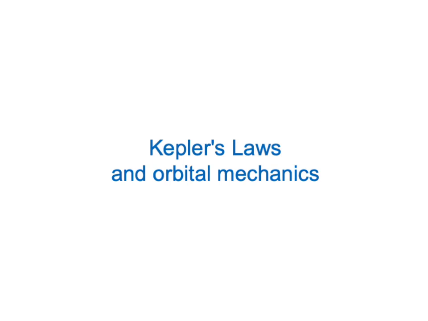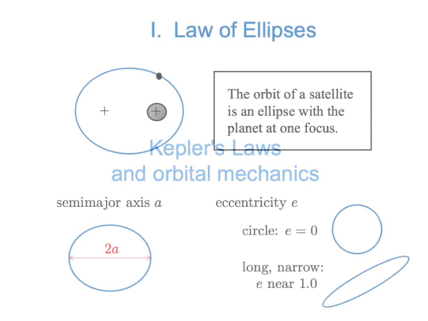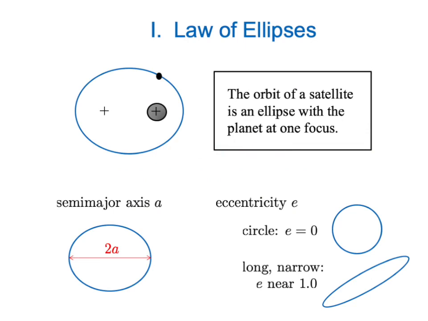Let's start with a brief recap of Kepler's laws and the principles of orbital mechanics. To begin with, Kepler's first law states that the orbit of a satellite is an ellipse with the planet at one focus. So, to describe the shape of the orbit, we need to be able to describe ellipses. And an ellipse is basically described by two numbers.